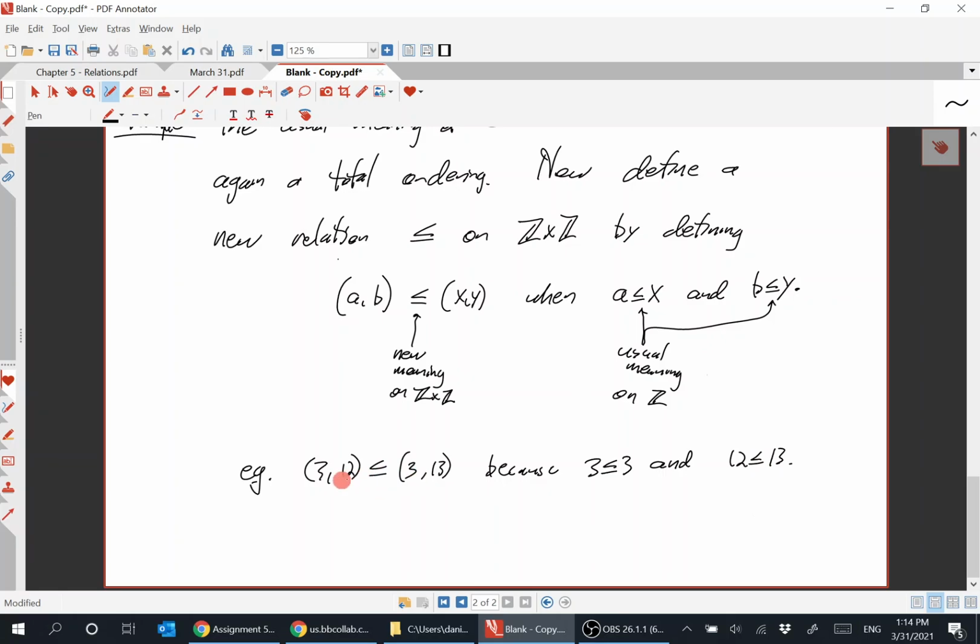So these two elements satisfy the relation because in the usual meaning on Z, 3 is less than or equal to 3 and 12 is less than or equal to 13.